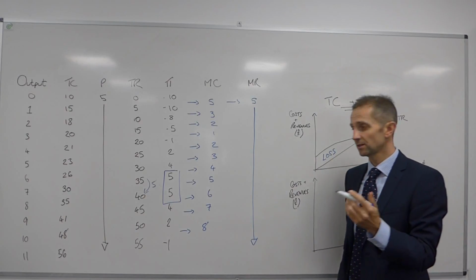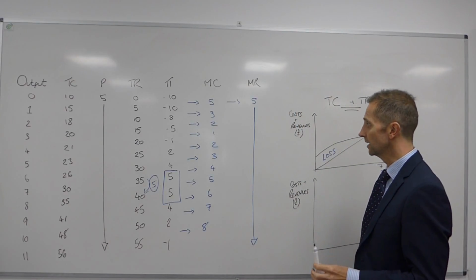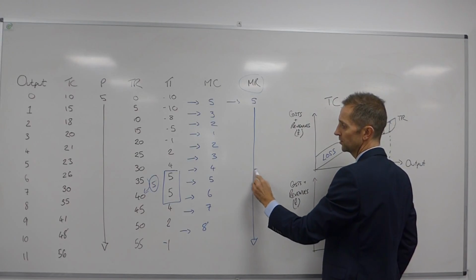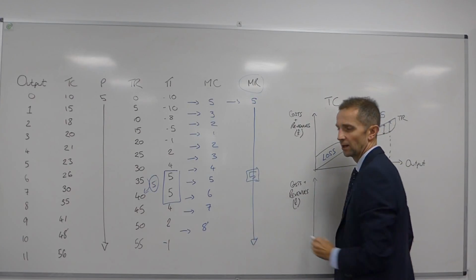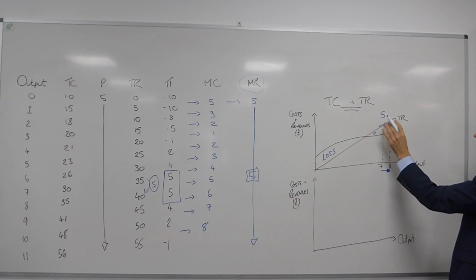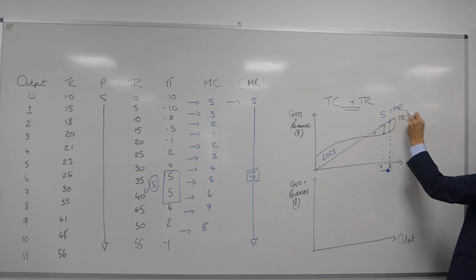Now, in this instance, 5 as the gradient of that line is also equal to the marginal revenue, which will also be 5 at that point. So we can see here that the gradient of this line is actually, in effect, equal to the marginal revenue.